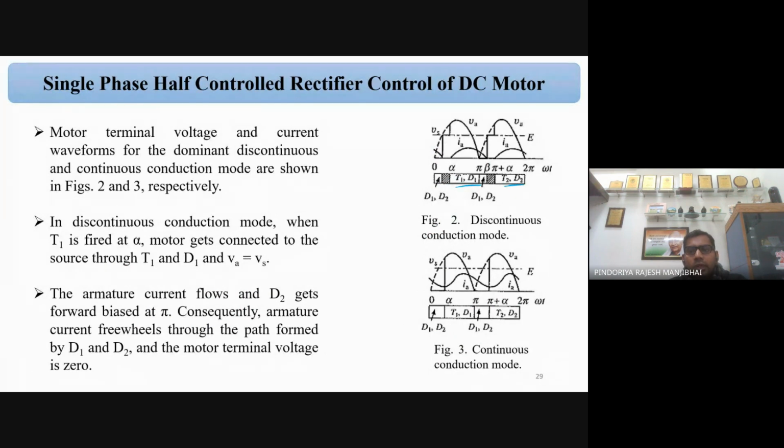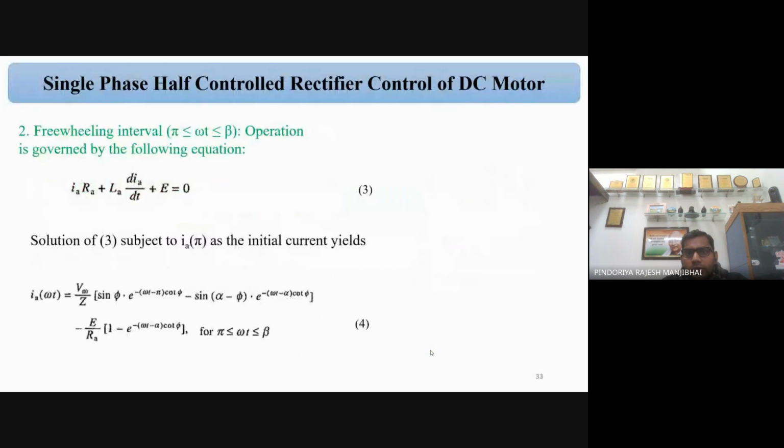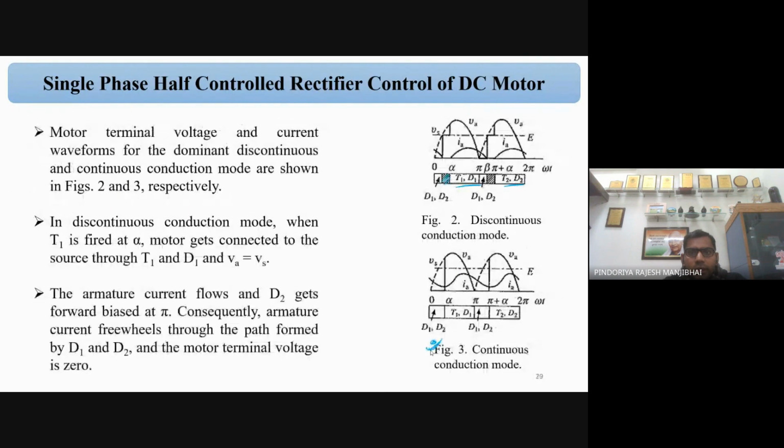So this is the discontinuous mode, and this is your firing pulses alpha. And similarly, this is your continuous mode. The mathematical equations we will discuss in the next class, for the discontinuous conduction mode and the continuous conduction mode, because this is a complex topic and maybe you cannot remember all of it.